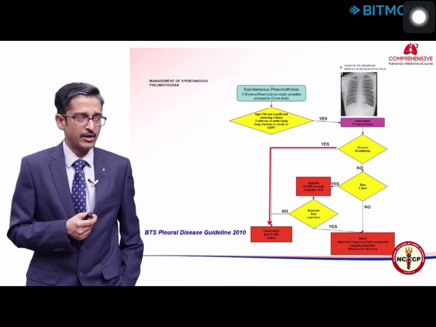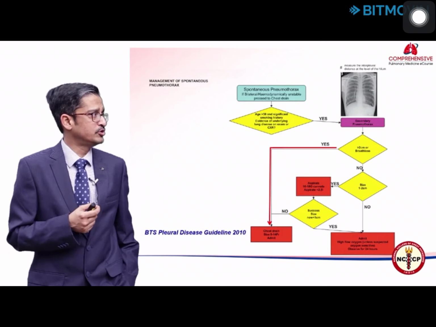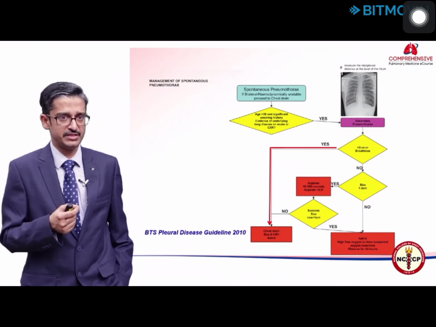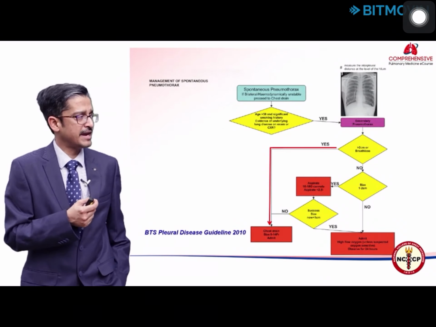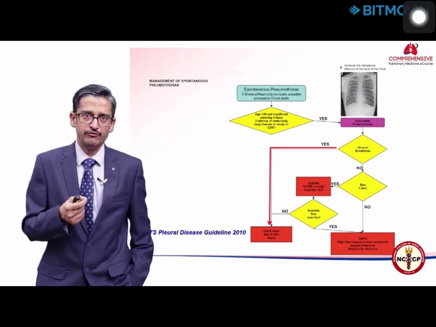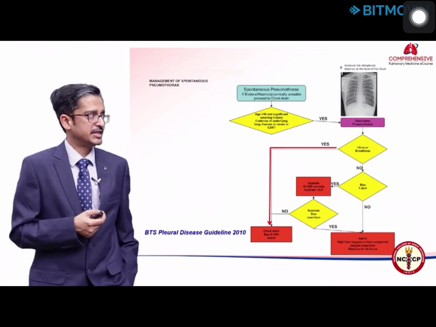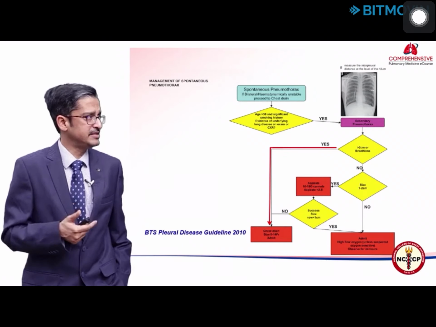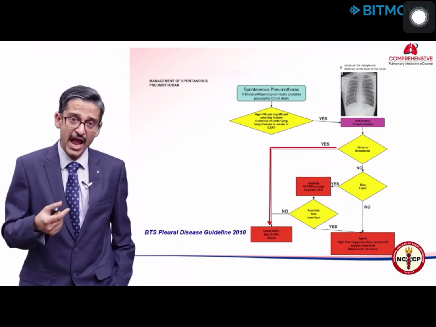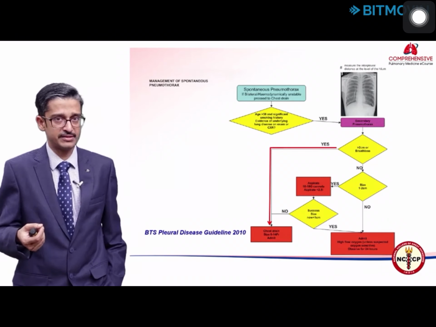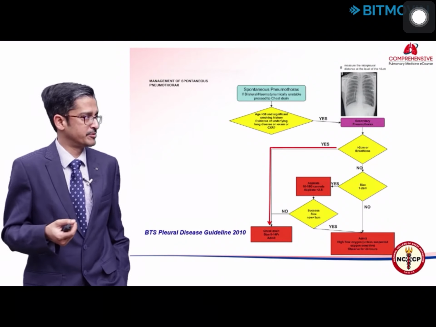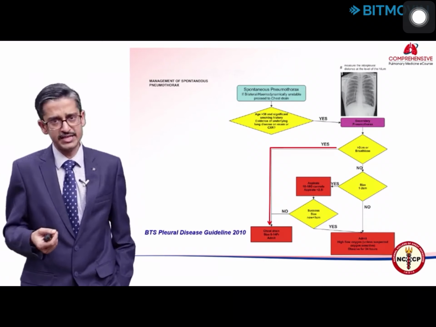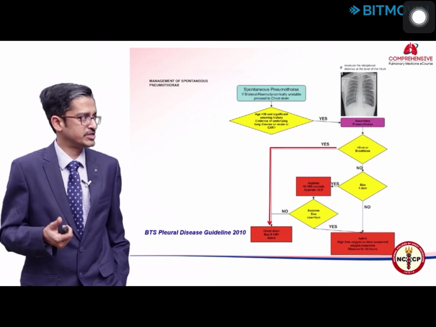So if you think about spontaneous pneumothorax, and going back to the previous history, I spoke about this. If you had the criteria we talked about, if you were aged more than 50 years, if you had a smoking history, and if you had an underlying lung disease on chest X-ray, then actually you have a secondary pneumothorax. And here drainage becomes of paramount importance. So if it's more than 2 centimeters in size, you go for a chest drain.